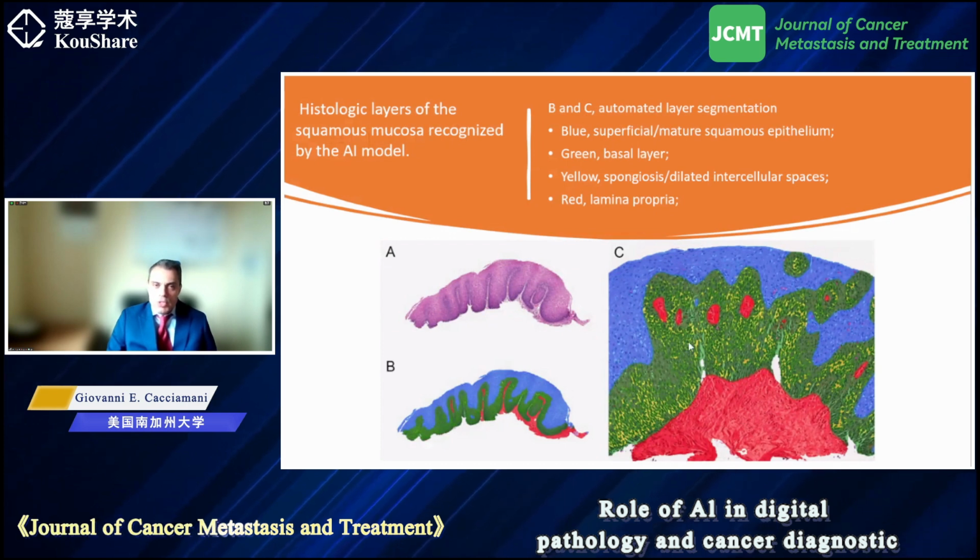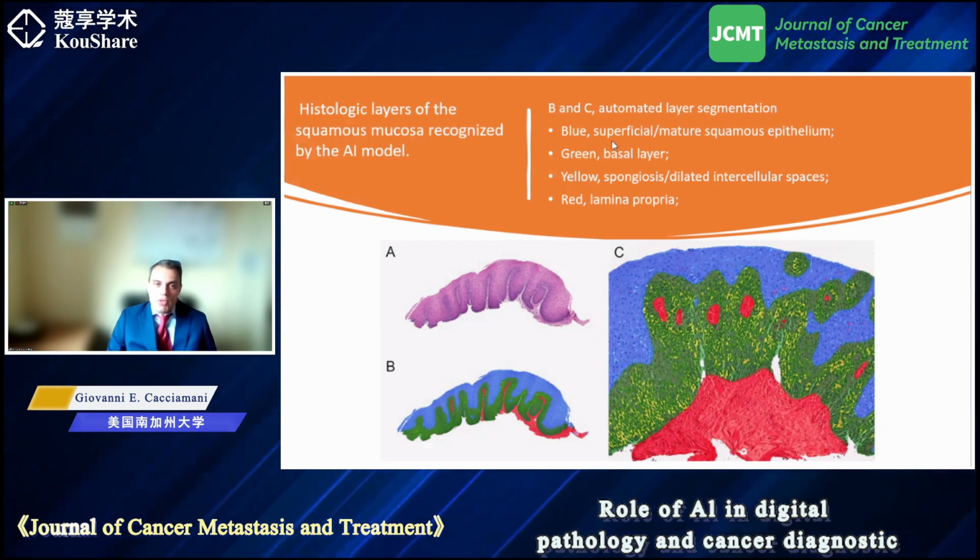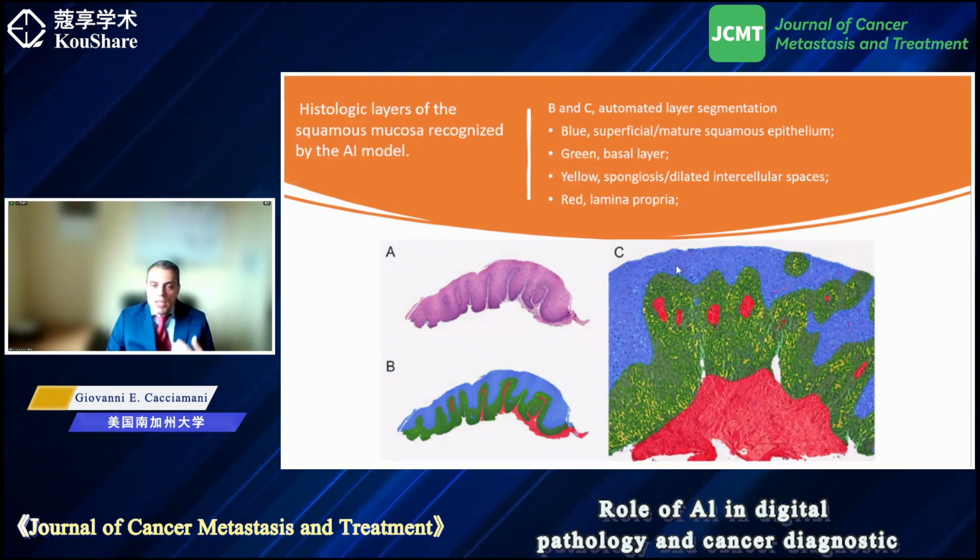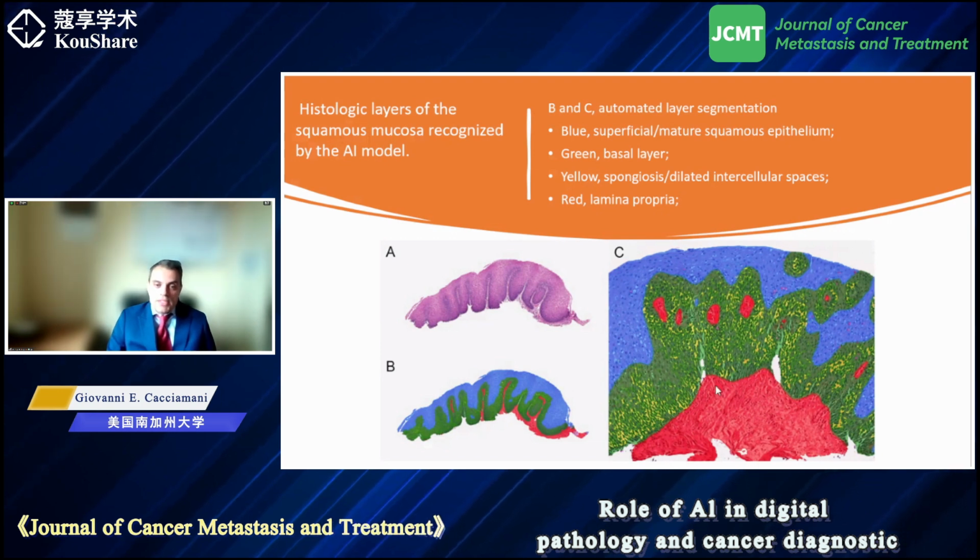Here, with the color code, we can see how in blue we may enable the system to recognize the mature squamous epithelium, how in green we can recognize the basal layer, and immediately our thought can go to the recognition of dysplasia and early cancer in squamous cell carcinoma, in which the basal layer is expanding and extending through the depth of the epithelium. And then in yellow, even the spongiosis and the non-cellular spaces are recognized. And finally, the lamina propria.